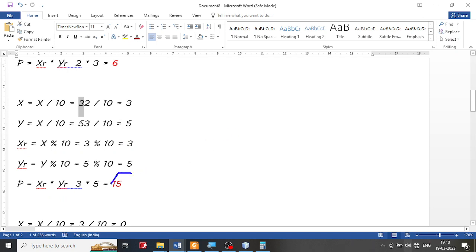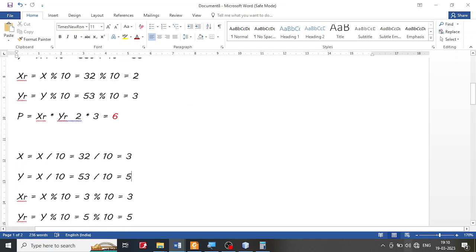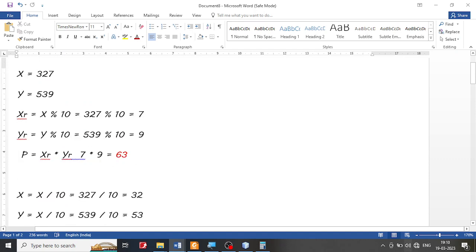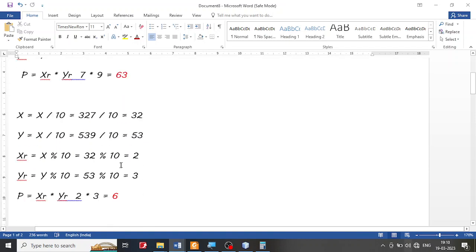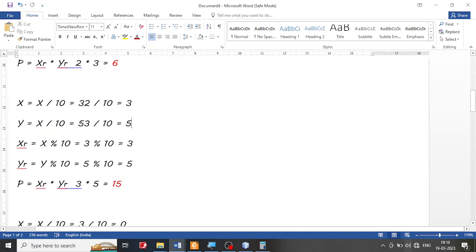Now take this part, that is the product part of the previous digit. Also take the product part of the first one that we have taken over here. So take the product of the first digit remainders, take the product of the second digit remainders, and take the product of the third digit remainders.